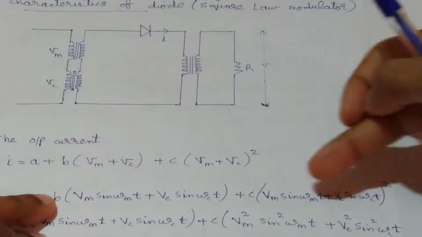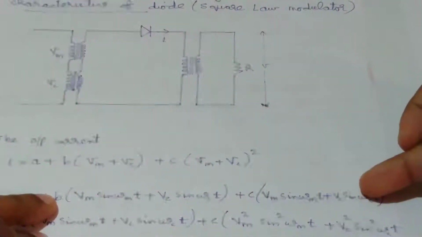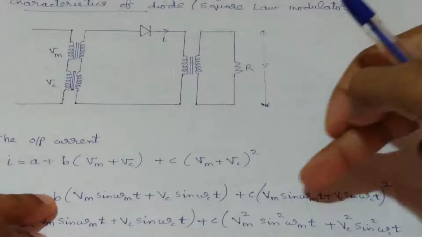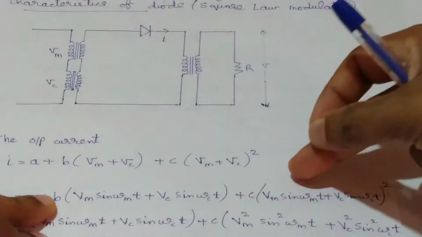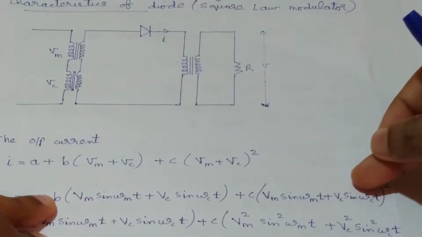Now I am going to expand this term. When we consider this term, it is in the form of (a + b)², so I can expand this to a² + b² + 2ab.